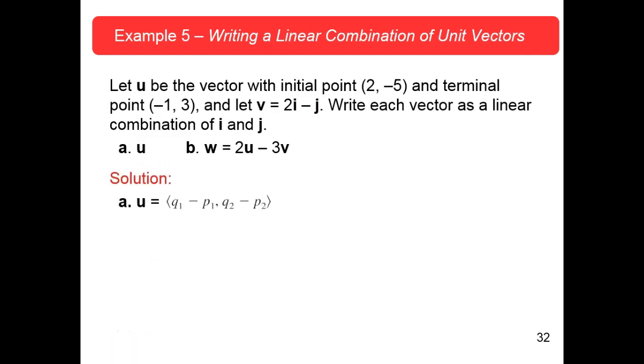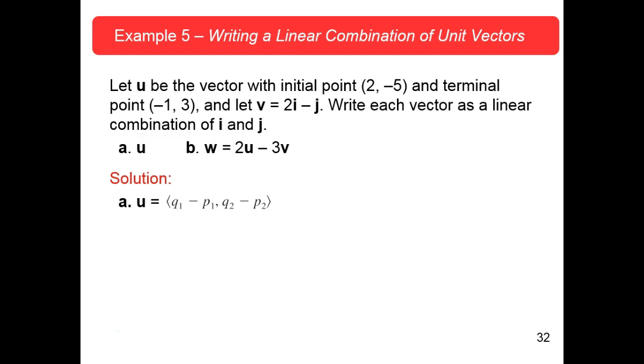So, they start the same way we did. They start by doing the vector u in terms of the components that you get from the coordinates of the points, okay? They call it q and p, where p is the initial point and q is the terminal point.